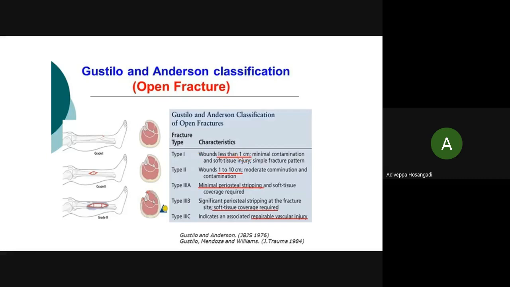To make it more simple, don't get into other things. Type 1 is less than 1 centimeter. Type 2, the wound size is 1 to 10 centimeter. Type 3 doesn't depend on the size of the wound. If there is periosteal stripping, it is type 3A.